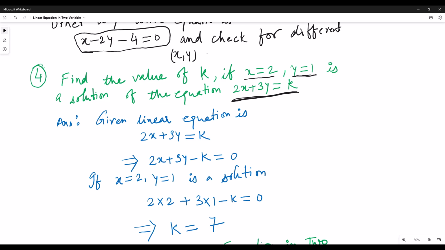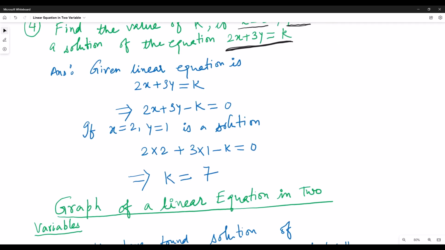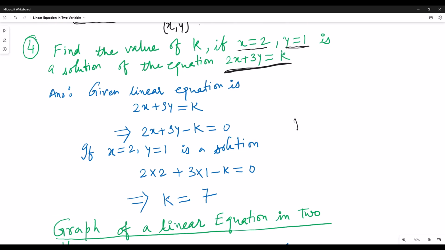When we put that, we get 7. So if 2x plus 3y equals 7, then (2, 1) will be a solution of this equation.